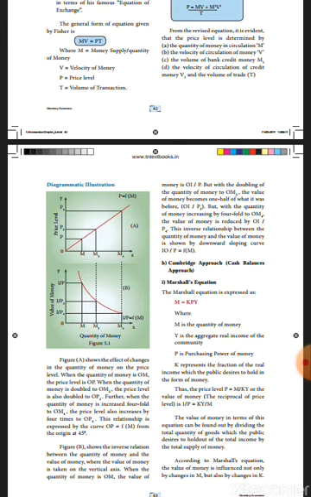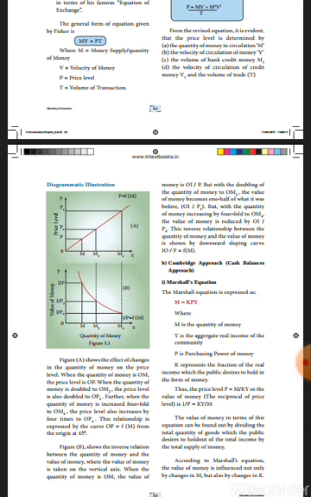Once again I will repeat. On the x-axis, OM refers to quantity of money. Price level is OP. If quantity of money is doubled to OM2, the price level also increases to double, to OP2.